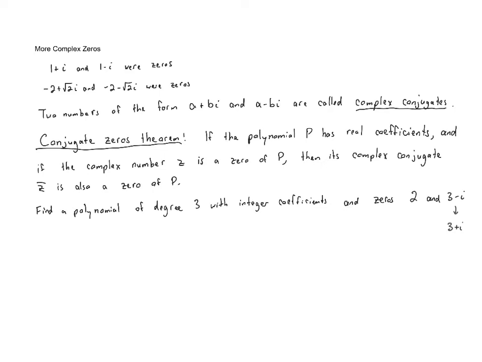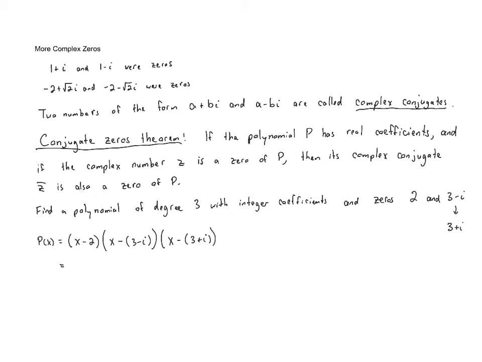So when we know the zeros of a polynomial, we can then express the factors and use that to figure out what the polynomial is going to be. So our polynomial is going to be x minus 2, since 2 is a zero, times x minus (3 minus i), since 3 minus i is a zero, times x minus (3 plus i), since 3 plus i is also a zero.